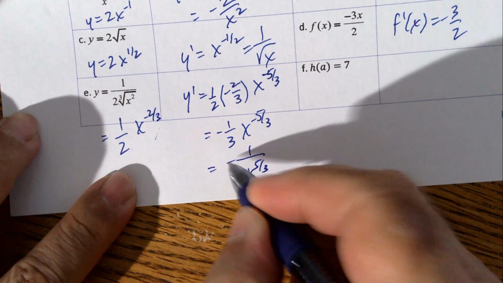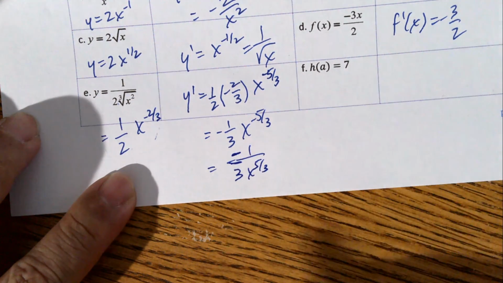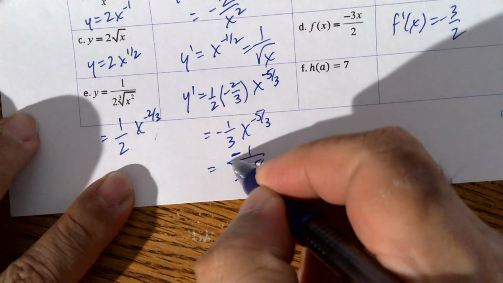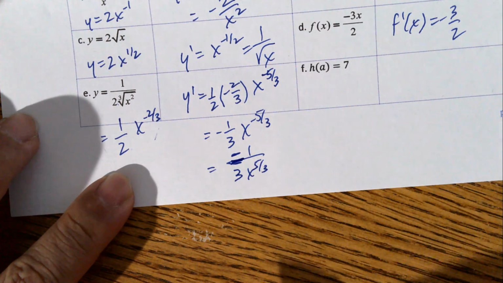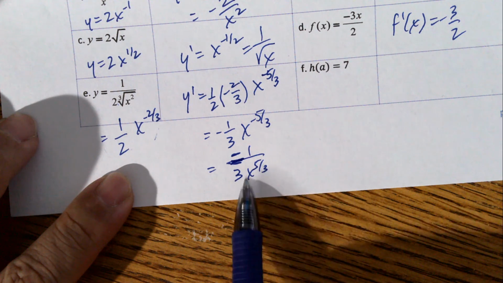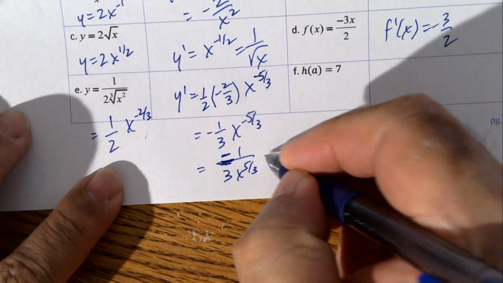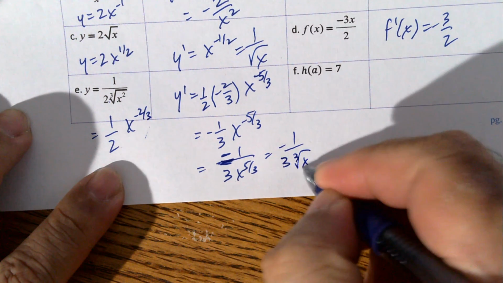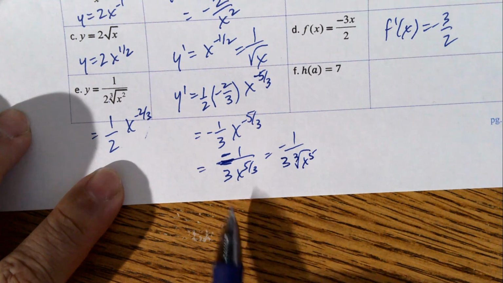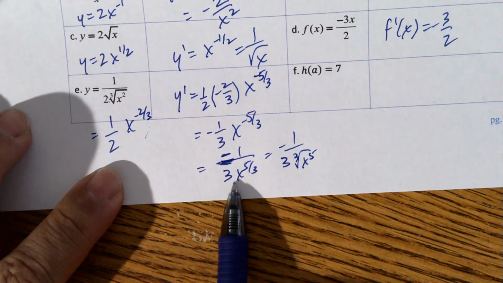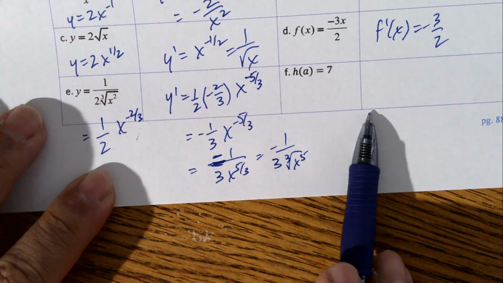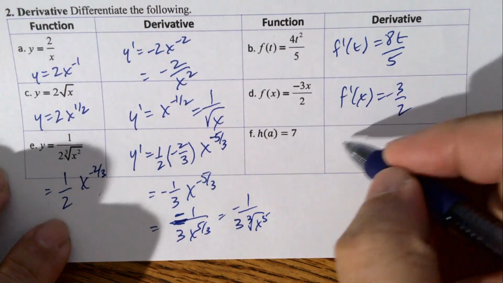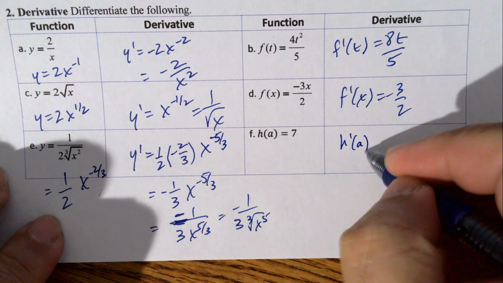Make sure that negative is obvious. Sometimes it's hard to tell when there is a fraction. You can leave that alone, or you can rewrite it as negative 1 over 3 times the cube root of x to the 5th. I probably prefer the fractional exponent. And here, the derivative of this, it's just a constant, so it's 0.